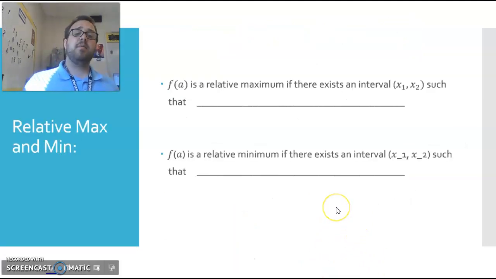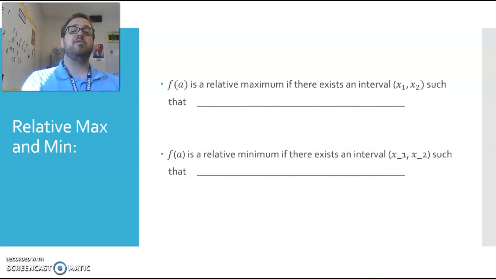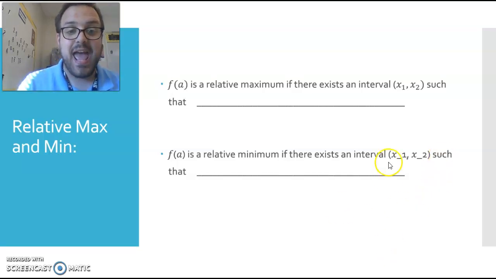Okay, the next thing we're going to talk about is called a relative maximum or minimum. Basically, we're looking for a point that is the highest or the lowest based off what's around it. So the things around it are all smaller than it. So f of a is a relative maximum if there exists an interval x1 to x2 such that a is greater than y1 and a is greater than y2.